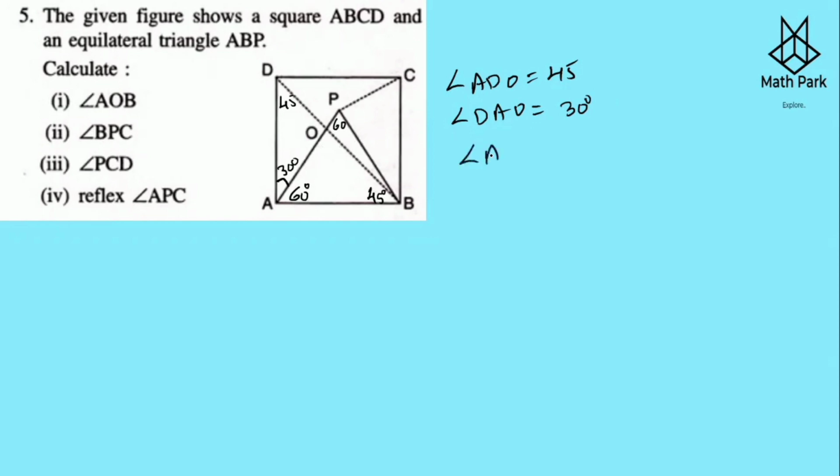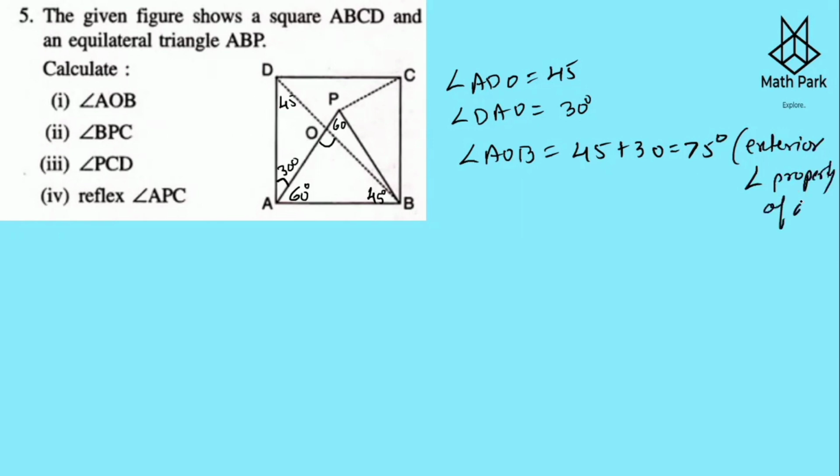So, angle AOB is equal to 45 plus 30, which is equal to 75 degrees, because this becomes an exterior angle of the triangle. This is by exterior angle property of a triangle. Got it? So, first one, angle AOB is equal to 75 degrees.